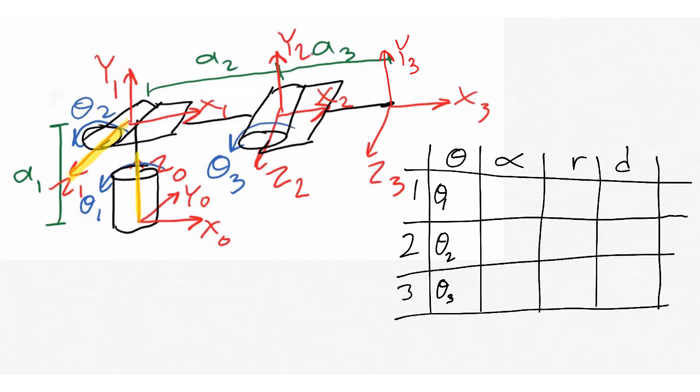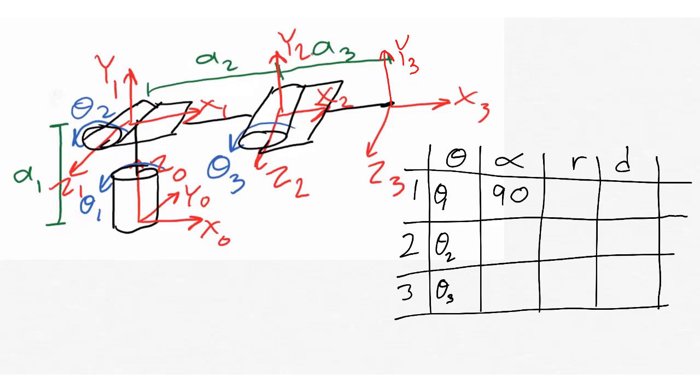Now we're going to rotate frame 0 around xn, which is x1, in order to try and get these two z-axes to match. In order to get Z0 to be pointing out of the page the way Z1 is, I would need to rotate frame 0 around x1 90 degrees. That means that alpha for the first row is 90.